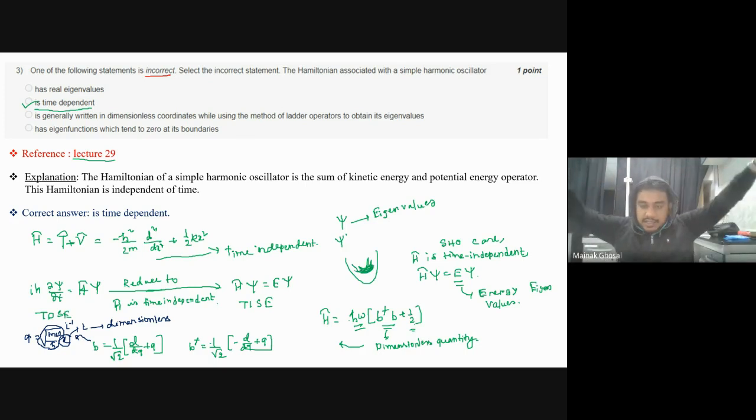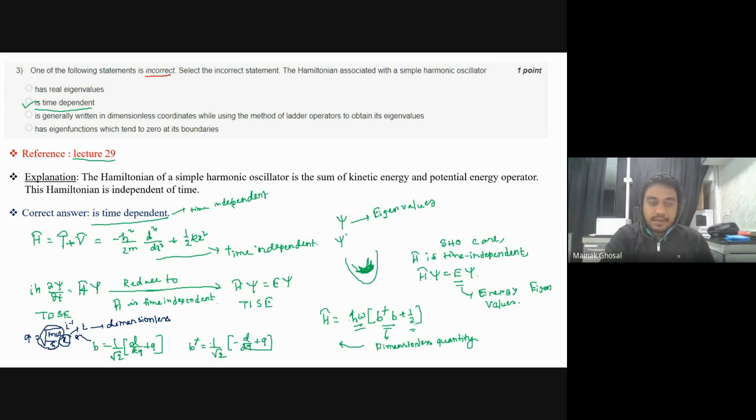So at the surface, when x equals a or x equals 0, your wave function is zero. It is non-existent outside. So this is the correct answer, but what is actually said is that you have to mention the incorrect answer. It should be time dependent. Sorry, it is written that it should be time dependent. If this were correct, then all the options would be correct. Okay.